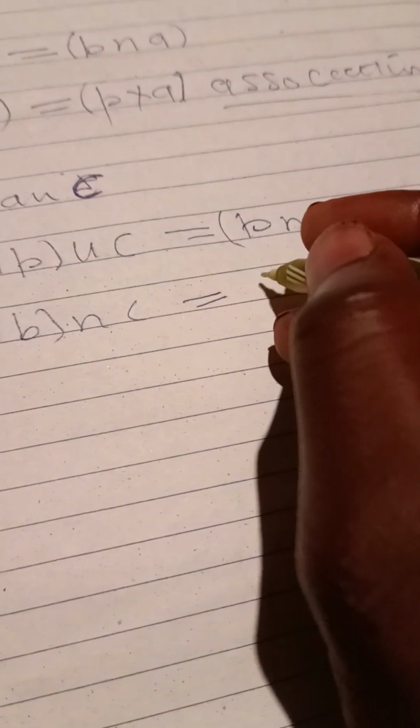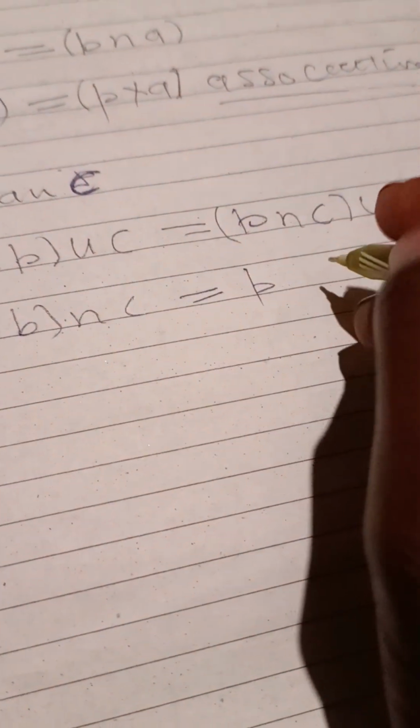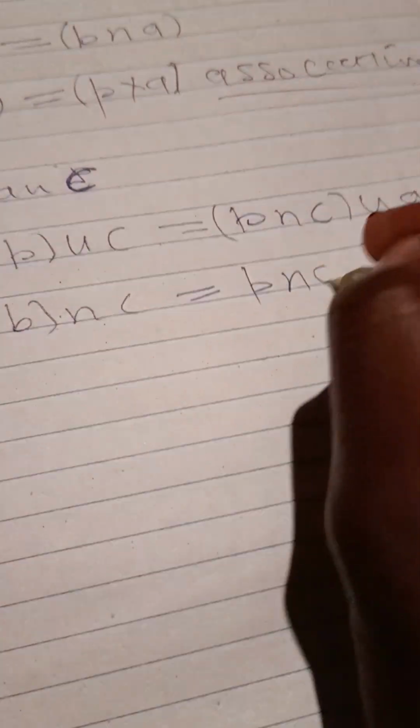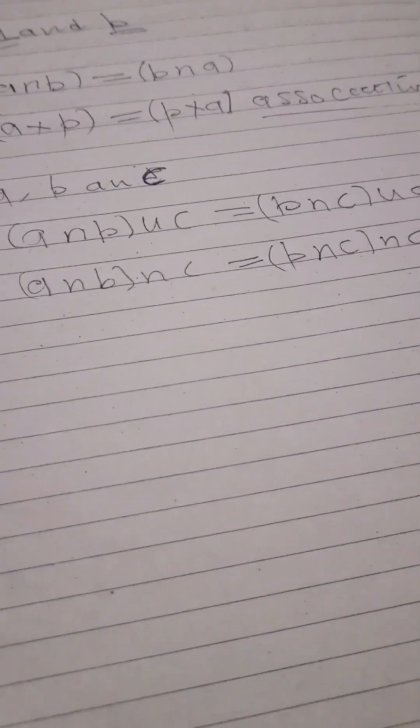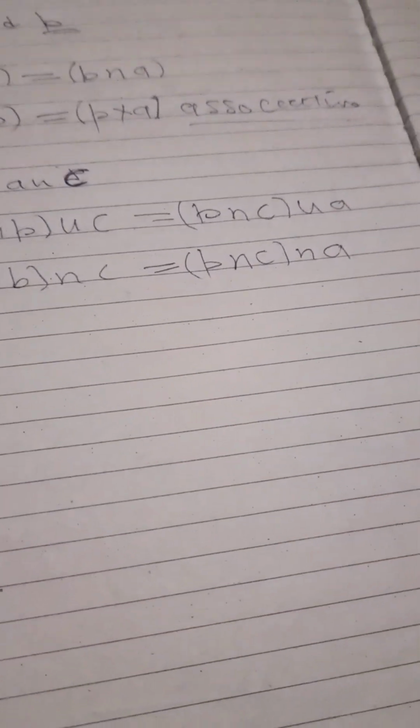Are we together there? Or when you say A intersection B intersection C, it should also be equal to B intersection C intersection A. So these are just the basic or general concepts of the commutative and associative law.